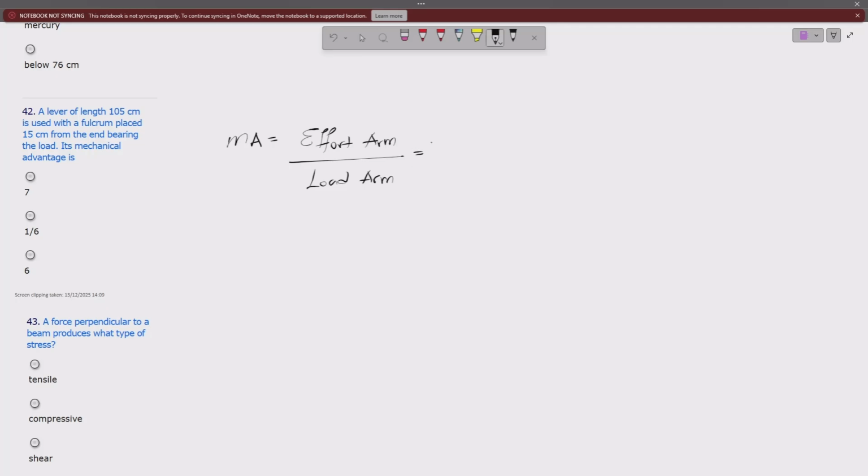That is going to give us 90 centimeters over 15 centimeters. So mechanical advantage, therefore, is 6.